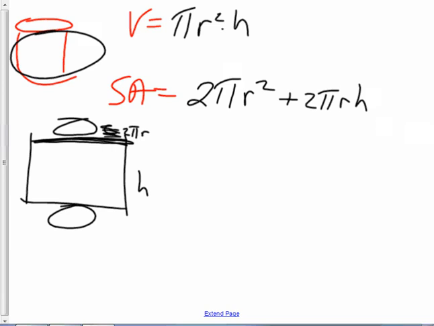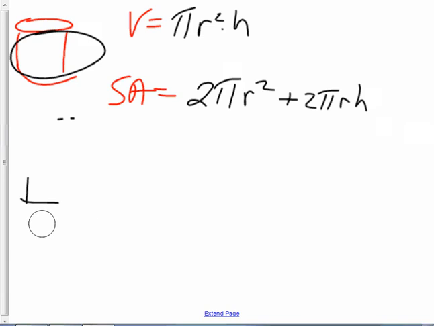Now, do you remember that in the past, I suggested that we take a picture of our situation, and we label that picture really thoroughly, but we may as well, in this case, instead of labeling it really thoroughly, radius is going to be radius, height's going to be height, and the volume is pi r squared h, I could put that on the inside.